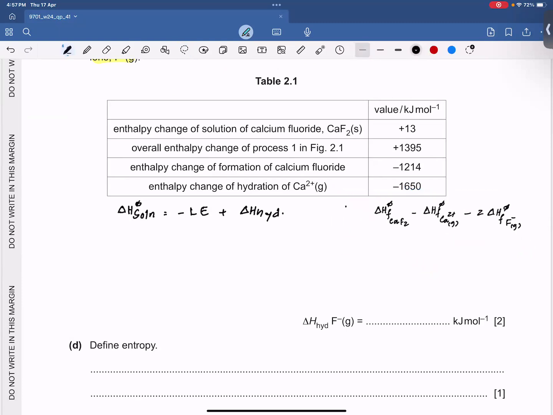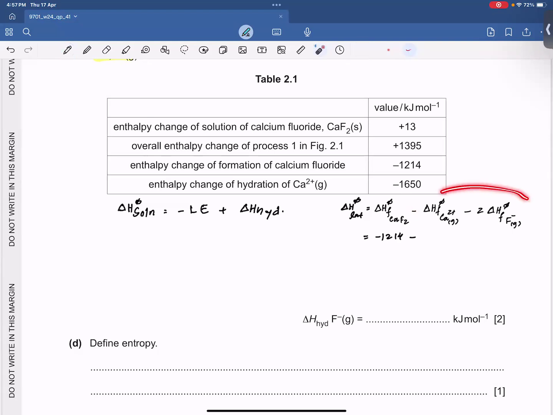So this is delta H lattice. We know the formation of calcium fluoride, which is minus, let me plug in the value, minus 1214. This minus will remain as it is.